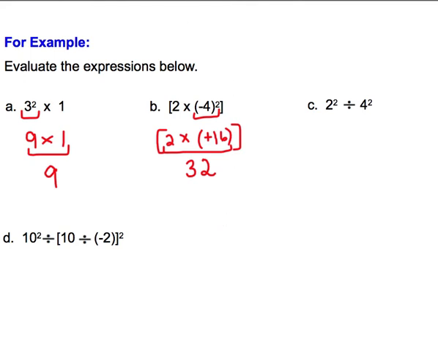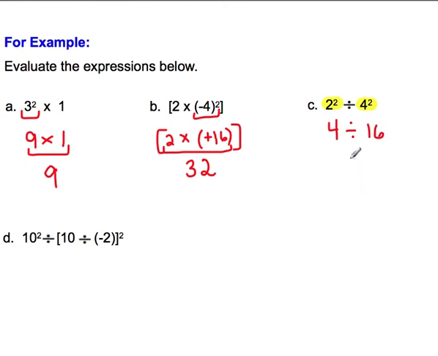I'm going to do the highlighter method for the next two. Since I just have powers and I have division in between, I can actually do my powers first. So 2 to the power of 2 is 4, divided by 4 to the power of 2 is 16.